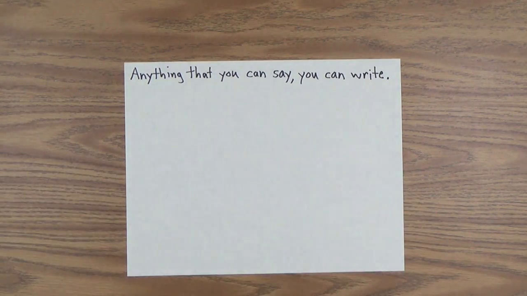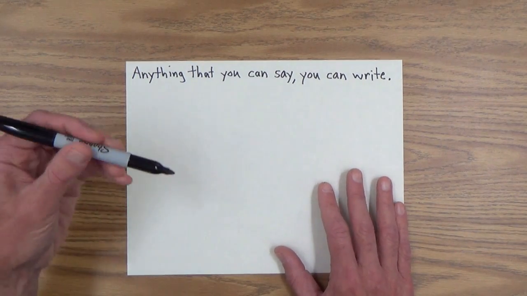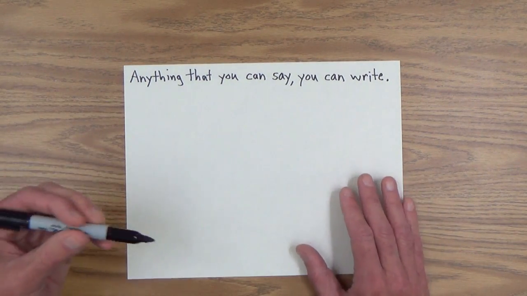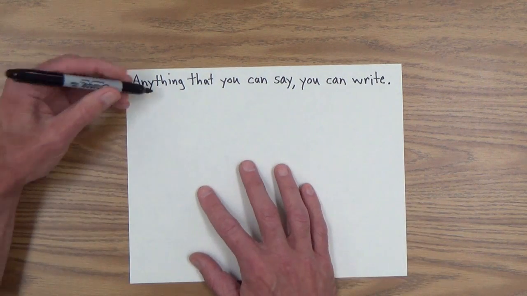You could try this one with your child. And in this case, you're going to write this one out first silently, and you'll understand why in just a minute here.